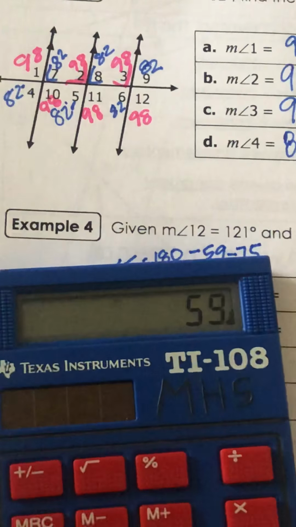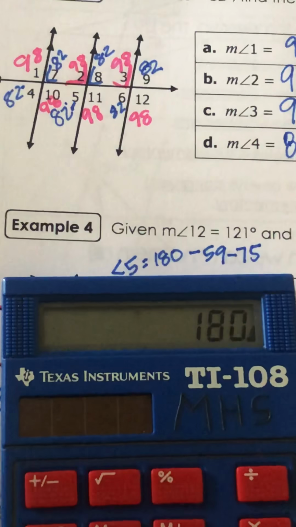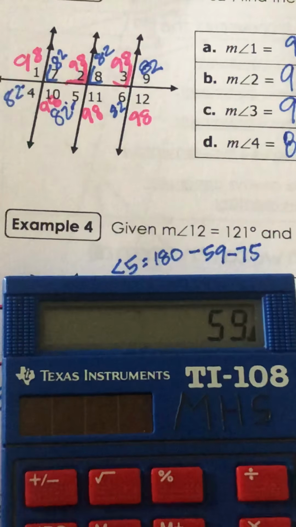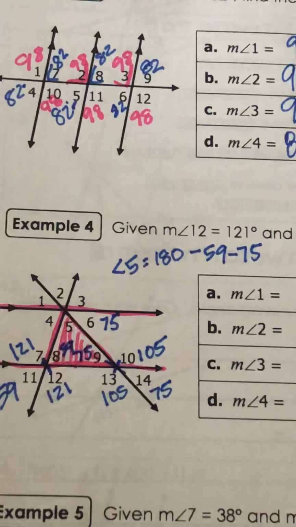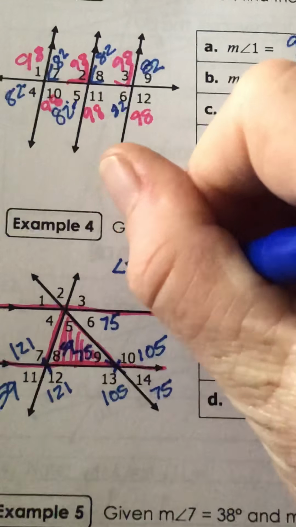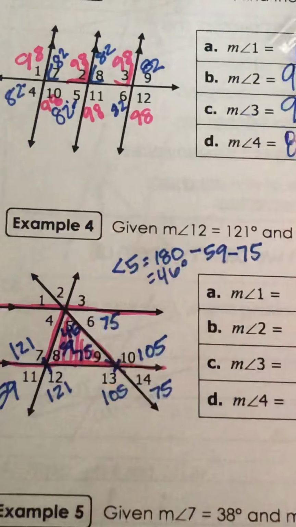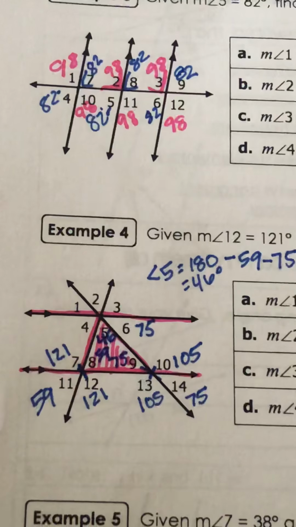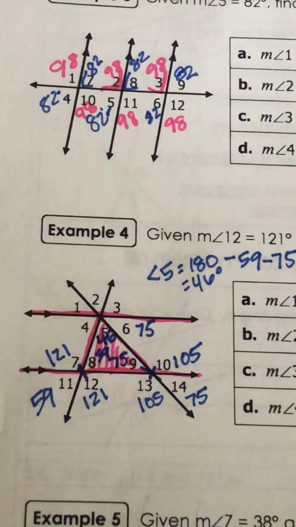Okay, so let's figure out what that would be. 180 minus 59 minus 75, 46. So angle 5 is 46, and that'll help us figure out, sorry for those dark colors, the rest of this deal here, okay?